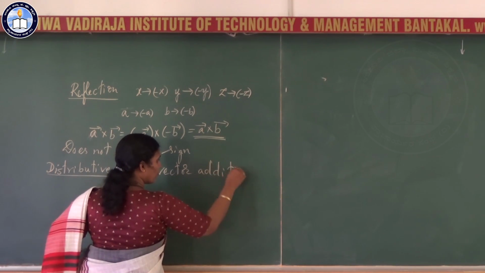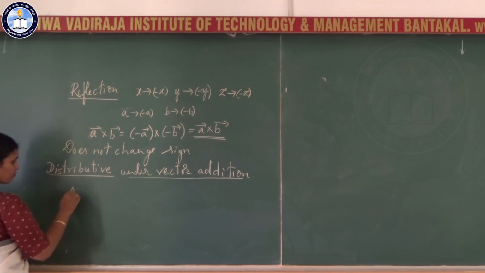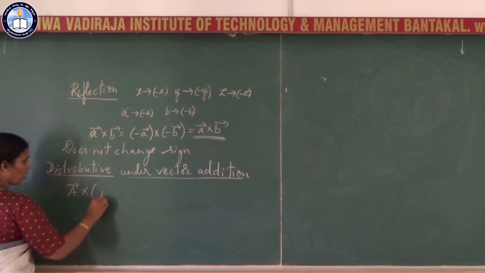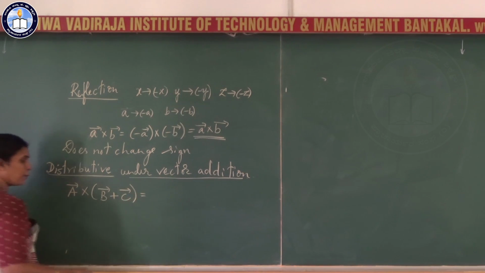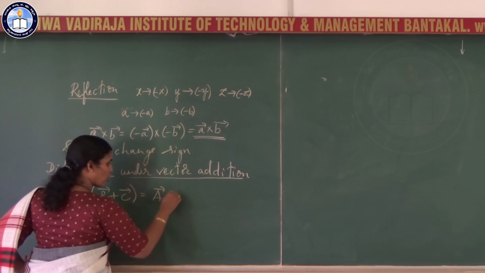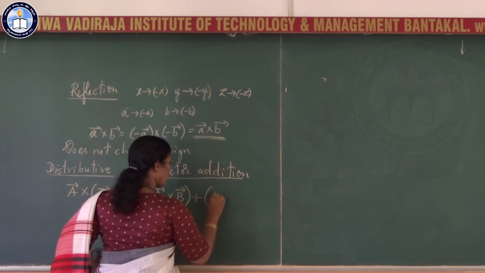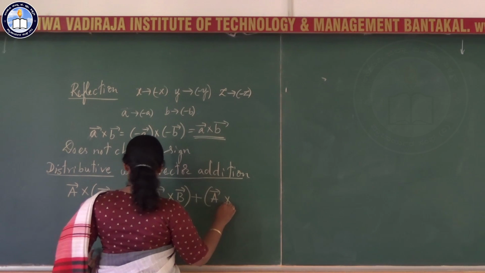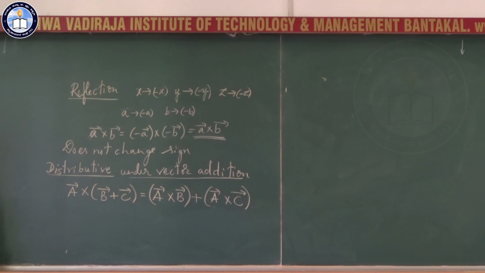That is, A vector cross B vector plus C vector equal to A vector cross B vector plus A vector cross C vector. So, it is one more important property of your cross product, it is distributive under vector addition.